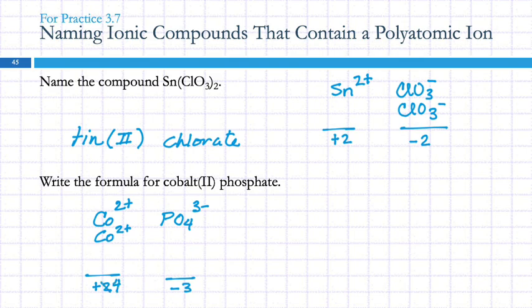So now I'm unbalanced the other way. So I have to add a negative ion. So now that's -6. And it's looking a little discouraging, right? Because we're just going back and forth. Just keep going. So now I'm short positive charges, so I'll put another cobalt in there. And now I've got +6 and -6.